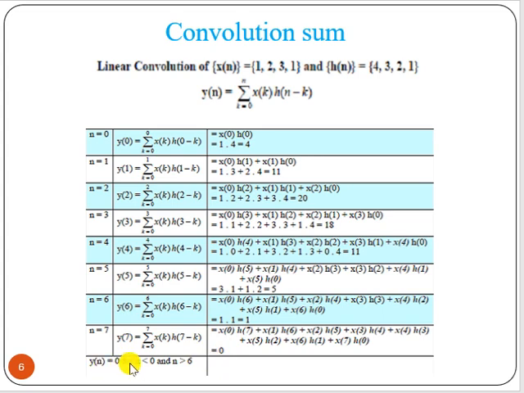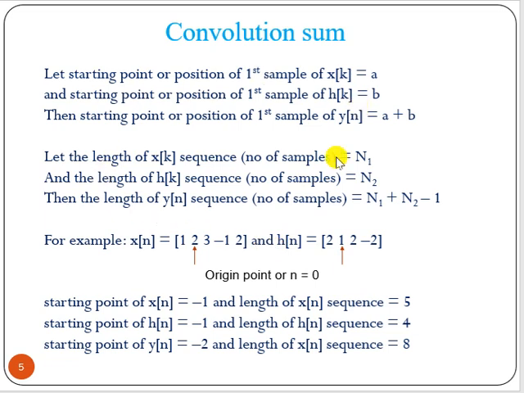So yn is 0 for n less than 0, obviously, and for n greater than 6. That means it has values from 0 to 6, so a total of 7 samples if we convolve this xn and hn. This is how we find the starting point of yn and the total number of samples in yn.